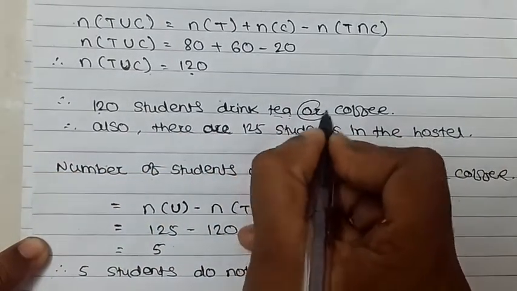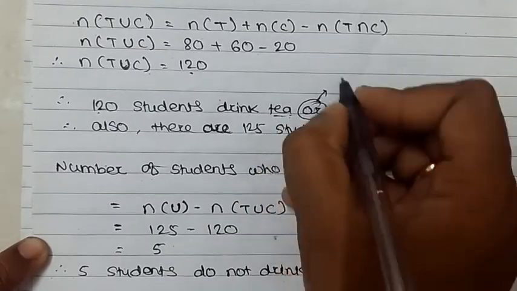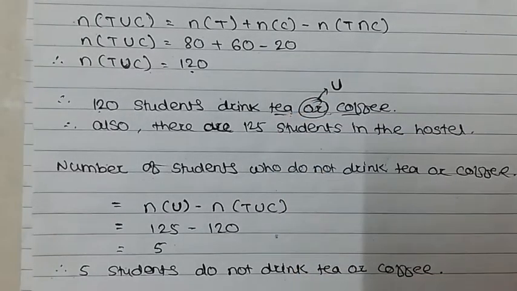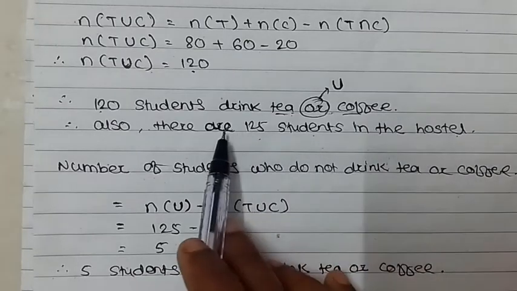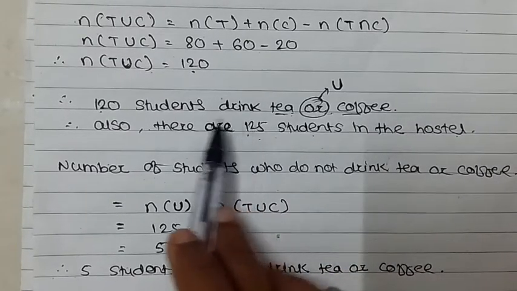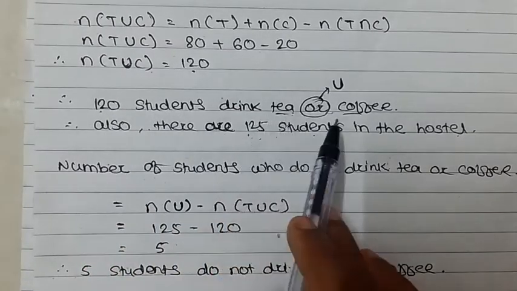When you say "or", then union should be placed there. Clear? Also there are 125 students in the hostel. That means the total number of students in the hostel was 125.